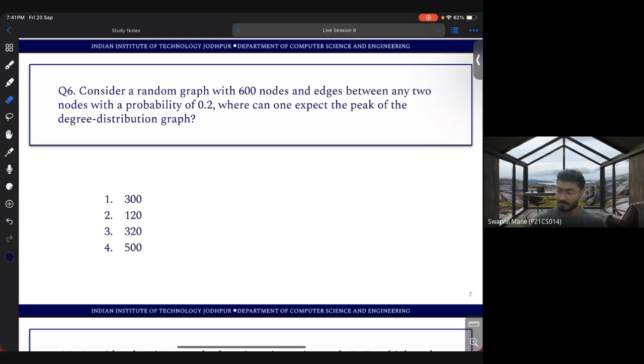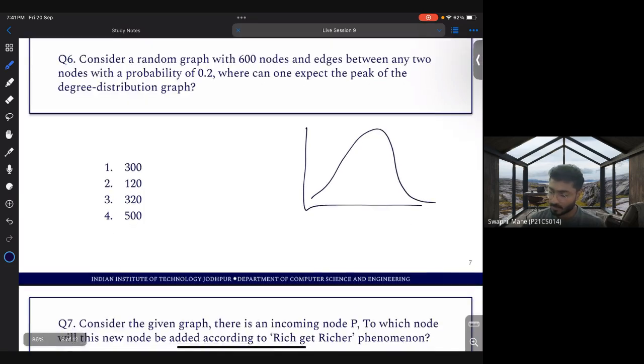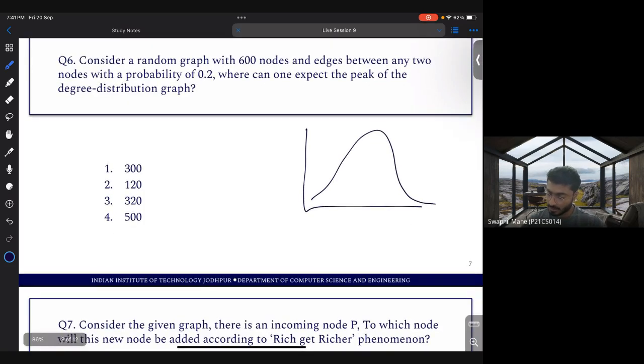So we are getting a bell-shaped graph. Okay. So here we need to find out this value.